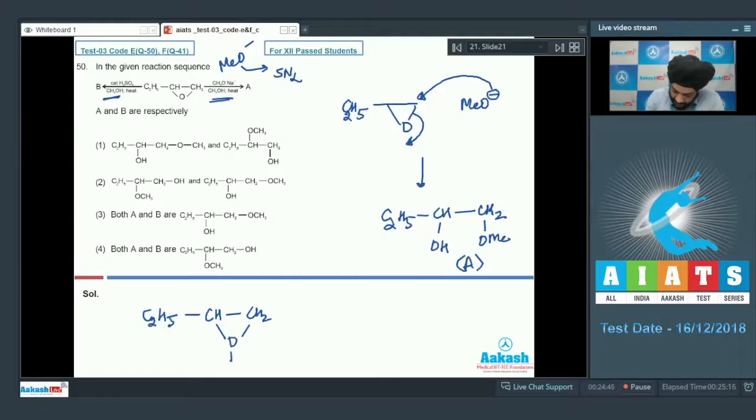first get protonated by the H+, which is coming from H2SO4, and as methanol is a weak nucleophile, it will undergo solvolysis, and the solvolysis of oxiranes happens via SN1 type, which involves a cationic transition state.